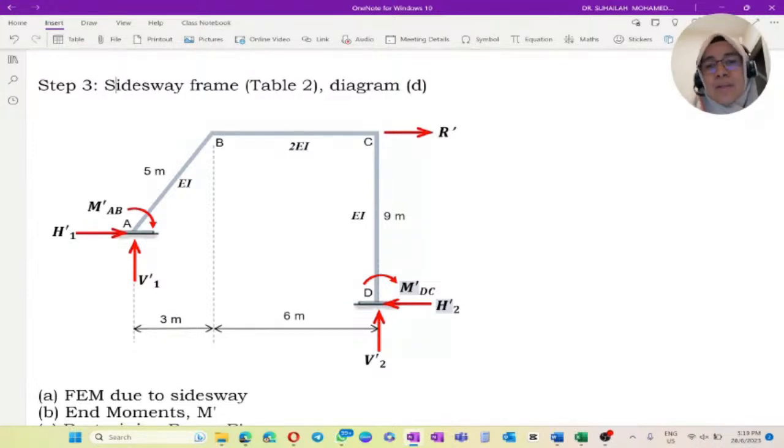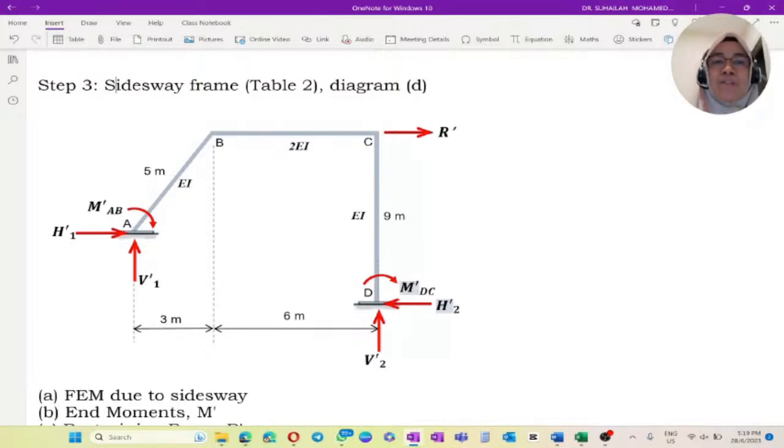At D, there are horizontal and vertical reactions, H prime 2 and V prime 2, as well as M prime DC. Since this is the side sway frame due to R prime, we will calculate M prime based on the FEM assumption.